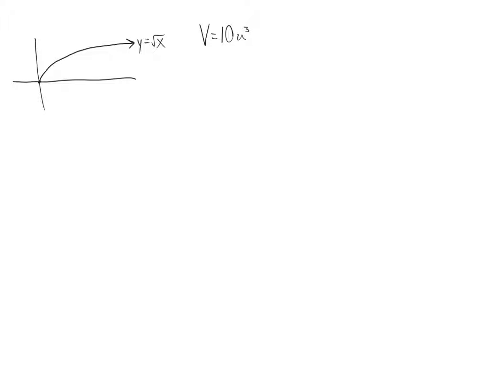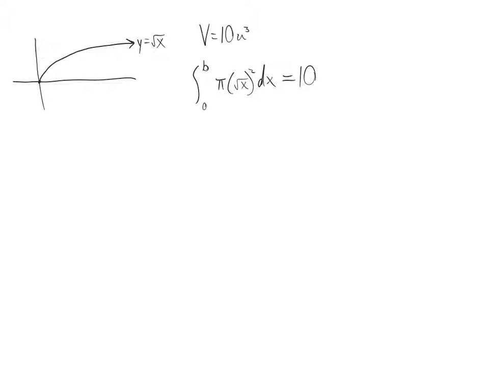Okay? We can find the volume and find out how long we should cut this thing by taking the integral from 0 to, say, b of pi times the square root of x, squared, dx, and then setting that equal to 10. Okay?